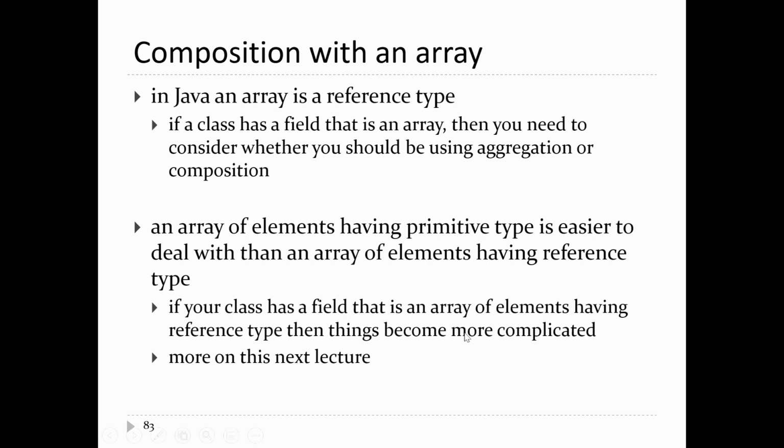Because if your array is an array of reference types, you now have to worry about whether or not you own the elements that are in the array. Here, for the time being, I only want to be interested in whether or not I own the array. I don't want to worry about whether or not I own the stuff in the array. That's probably next lecture.